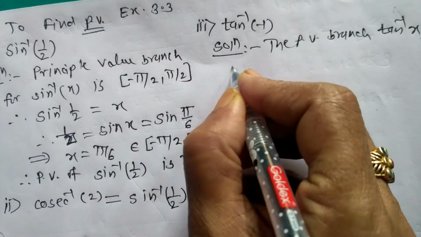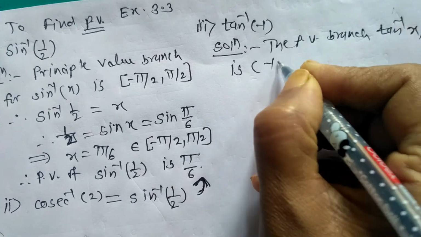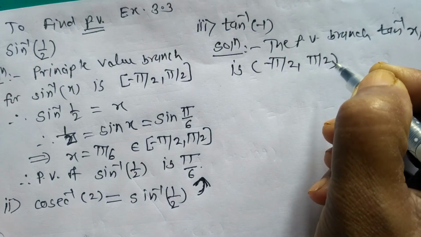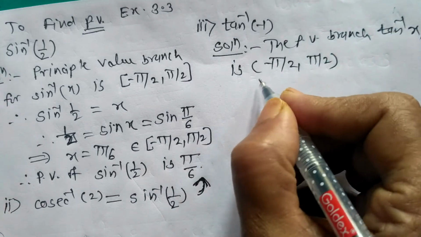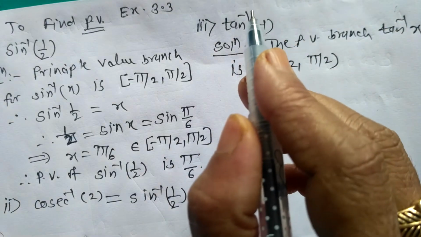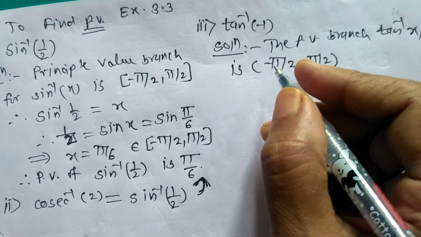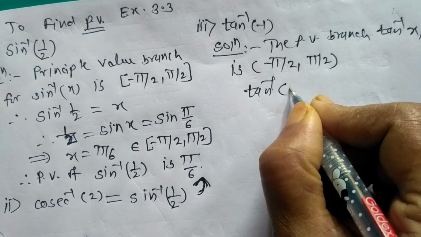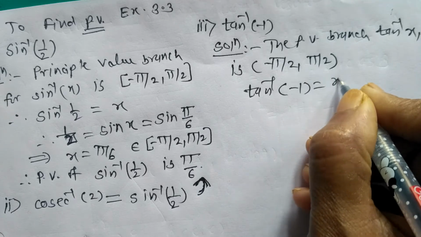That branch gives the open interval minus pi by 2 to pi by 2. Using this concept we find the value of the inverse ratio for tangent. Consider tan inverse of minus 1 equal to x.